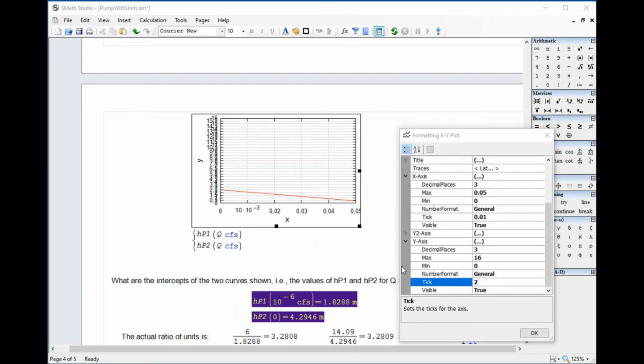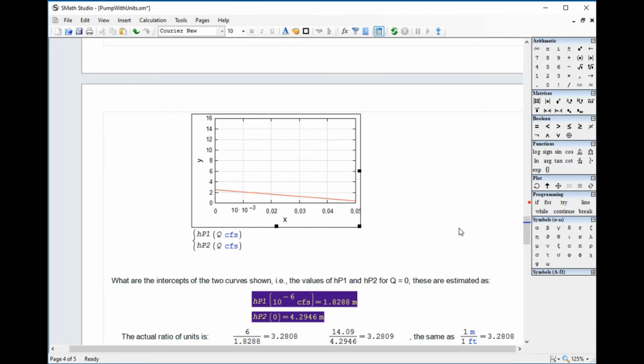There you go. We're not getting the graphic that I want, and that's something that you need to be aware of. In the last example, we had something similar. What you have to do in this case is simply go to calculation and do recalculate page. And then you get the graph.